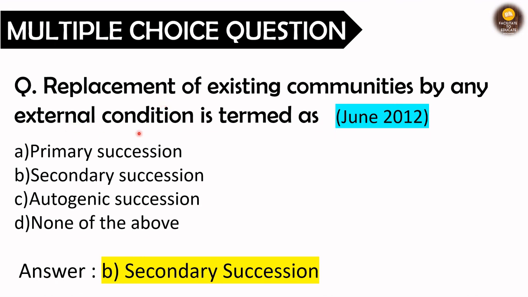Why? Because some external conditions have happened. For example, there has been fire in the forest, or the field has been harvested. There are some external conditions due to which the existing species have been replaced. So it is secondary succession. This question has been asked in the June 2012 question paper.